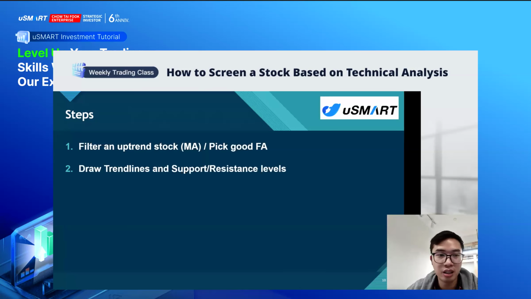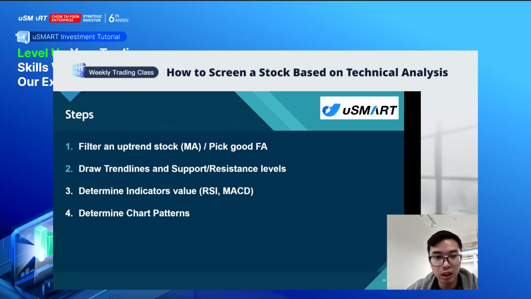And then we try to draw the trend lines or support and resistance. Then we determine by using these indicators, and we can determine the chart patterns too. Then we find the entry point. So these are usually the steps on how we use technical analysis.